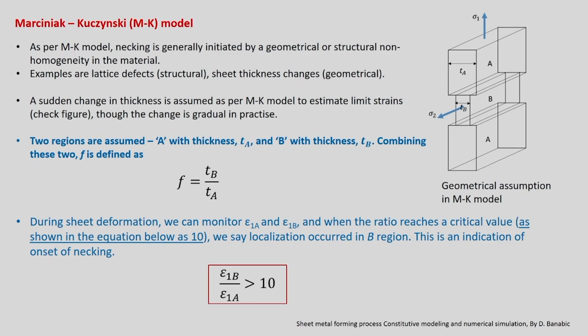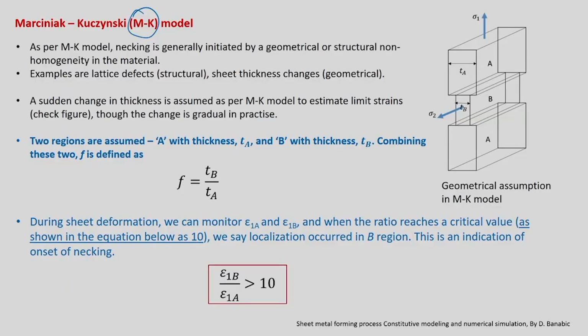Now the Marciniak-Kuczynski model, in short called the MK model. This is very famously used to predict the forming limit curve of any sheet material, and this model basically assumes that necking is generally initiated by geometrical or structural heterogeneity in the material.